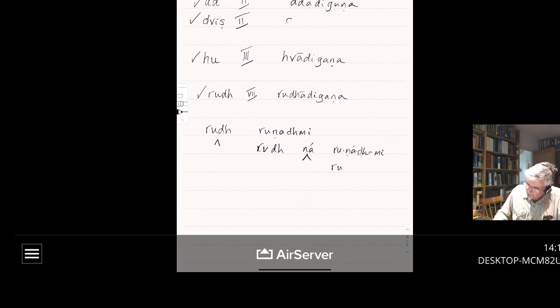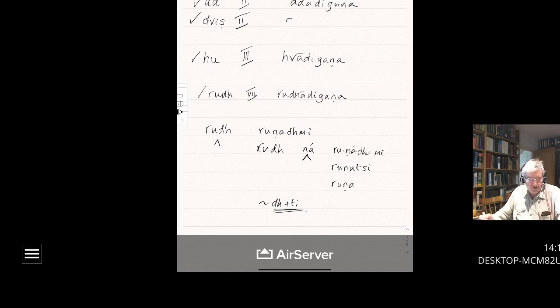You have to apply internal sandhi. You can't have runadhsi. That has to become runatsi. So you stop. And where you add a t to the end, we all know what happens with a dh followed by a t ending.